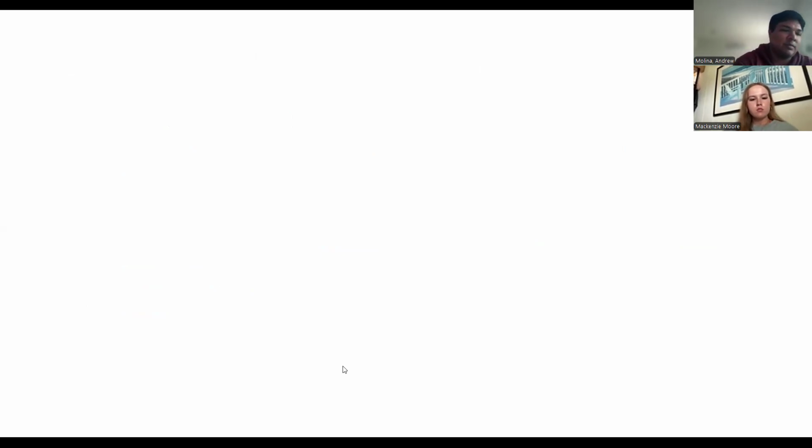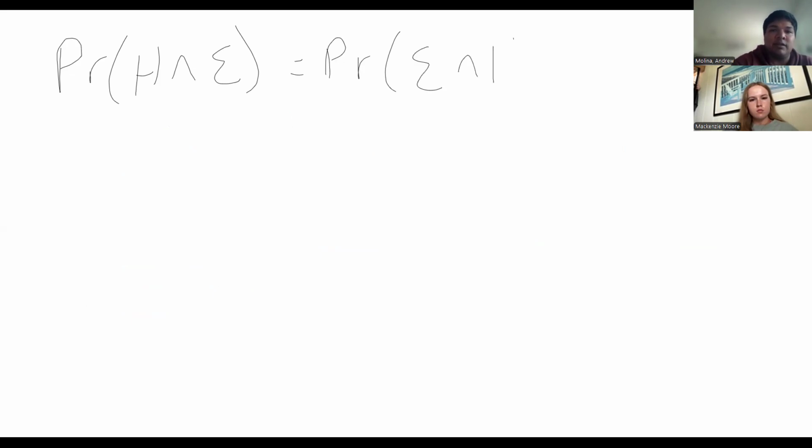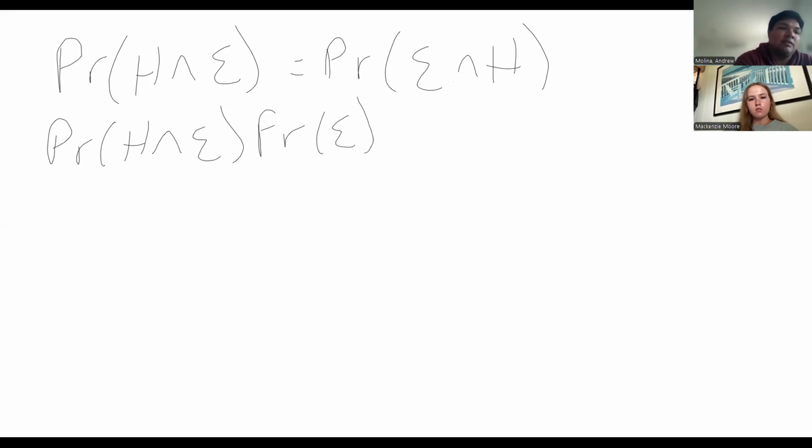So, we know that the probability of H and E is equal to the probability of E and H. Because of this, we can expand this equation to say the probability of H and E times the probability of E over the probability of E is the same as the left side of the equation on top.